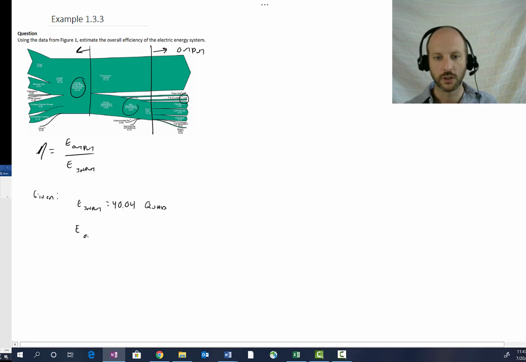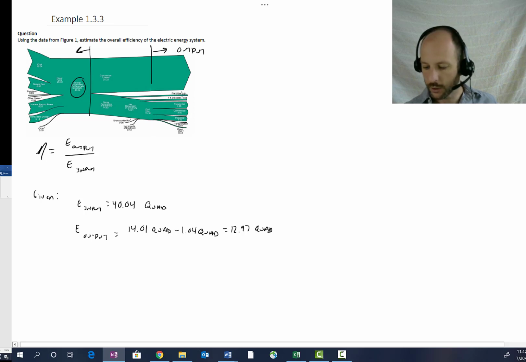So that's a little calculation we have to do. So the energy output to the customers is just going to be 14.01. That already includes internal losses to the plant and usage to the plant. And then we subtract off that 1.04 quad of T&D losses. And so that's going to give us 12.97 quad of electric energy output to the customer.